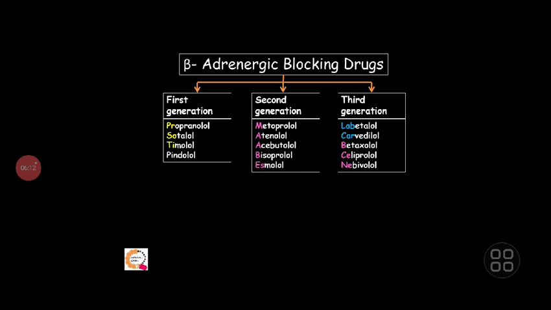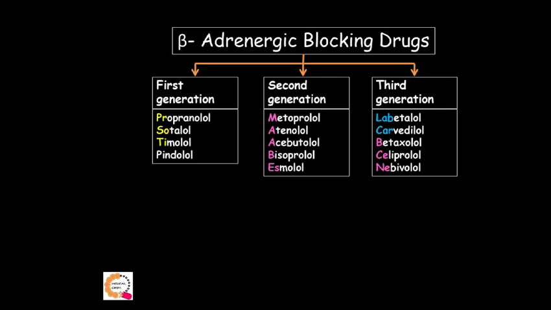In the second generation, drugs are metoprolol, atenolol, acebutolol, bisoprolol, and esmolol. In the third generation, you have drugs like labetalol, carvedilol, betaxolol, celiprolol, and nebivolol. In the second generation and third generation, you basically have beta 1 cardioselective drugs. So these all are about the first, second, and third generation beta adrenergic blocking drugs.